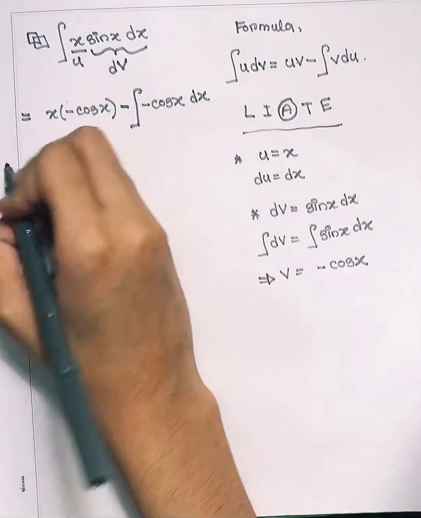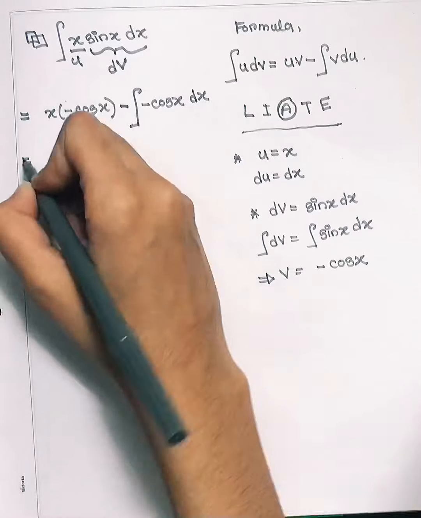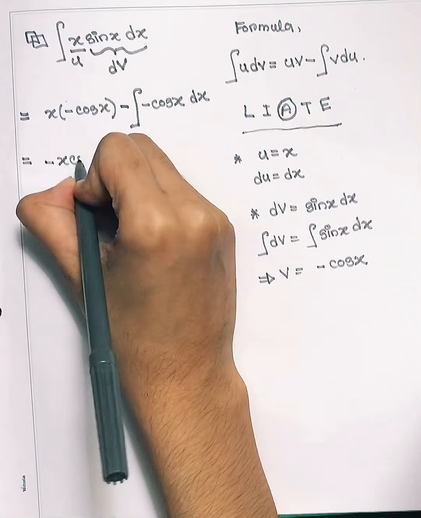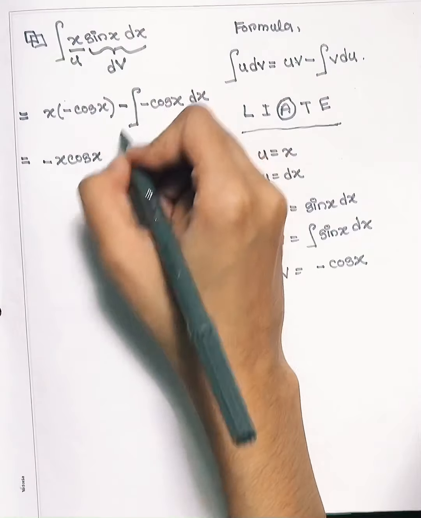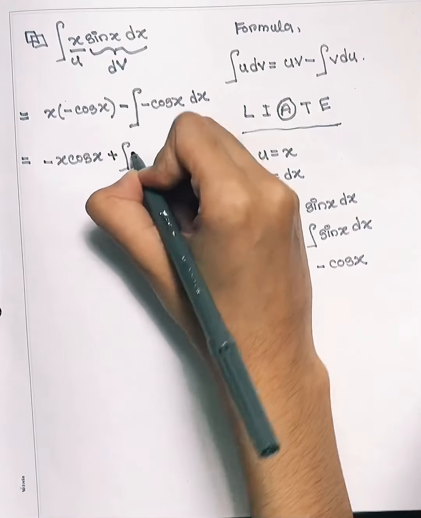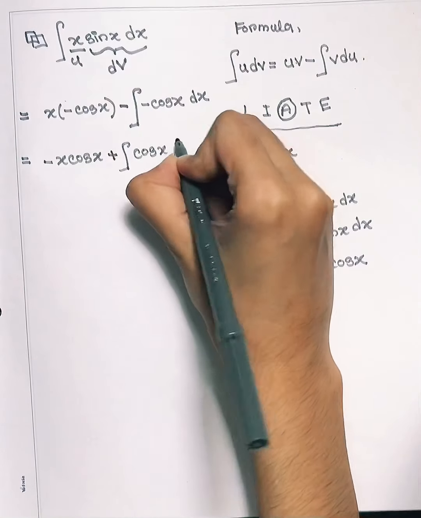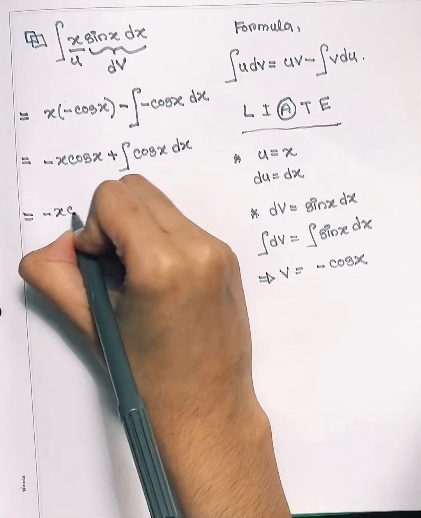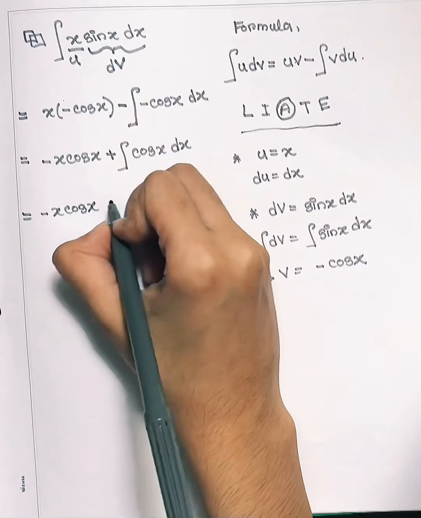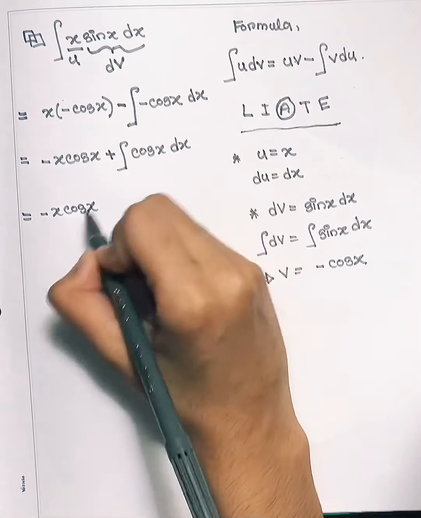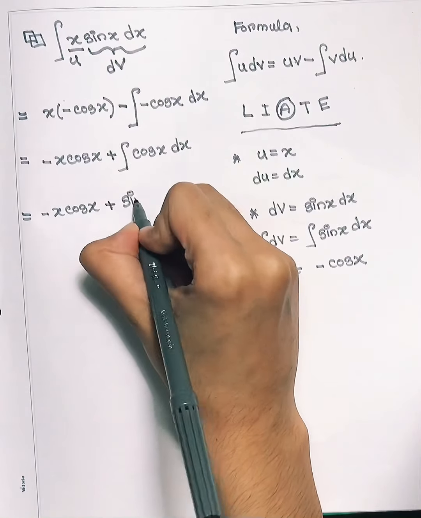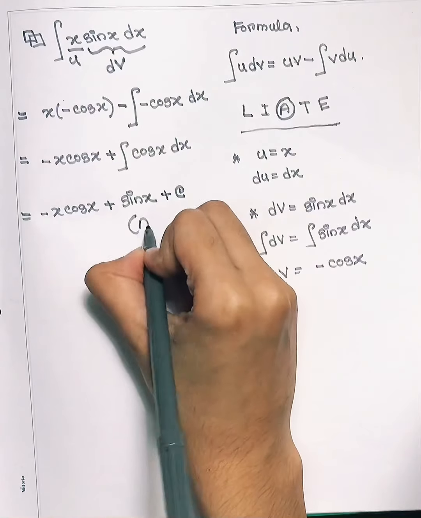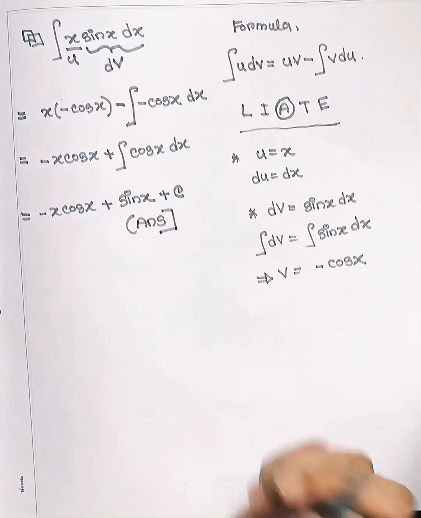From this I can write minus x cos x plus integration of cos x dx. If I integrate cos x, I will have sin x, and then a constant c. So this will be my answer.